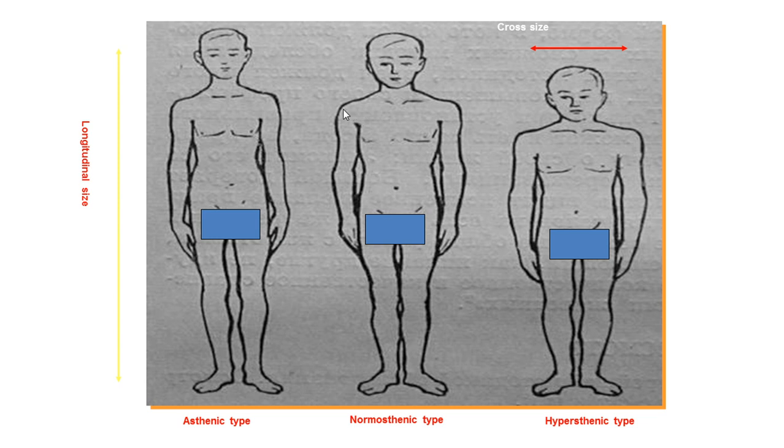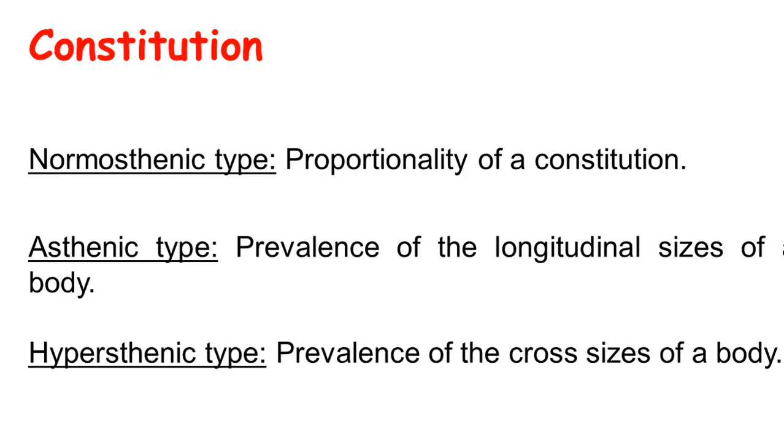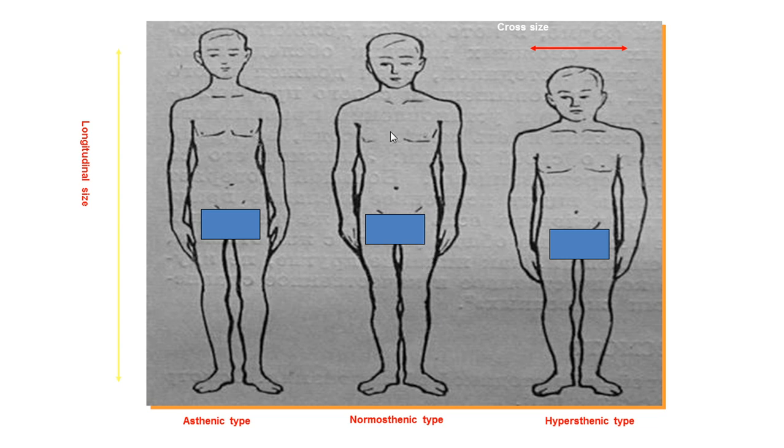We have normal, proportional size of trunk and extremities, and you see here visible supraclavicular and infraclavicular fossae. His shoulder size is longer than bust size, and his epigastric angle is about 90 degrees.